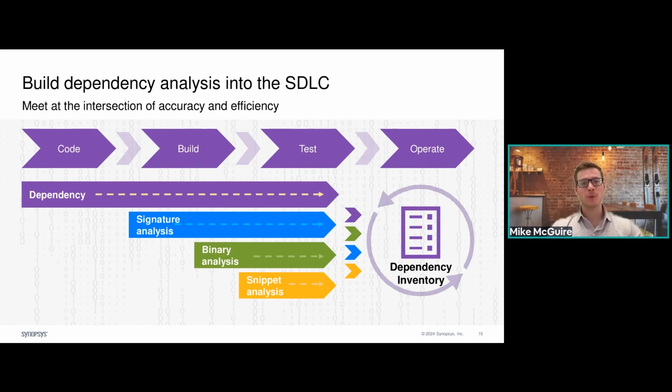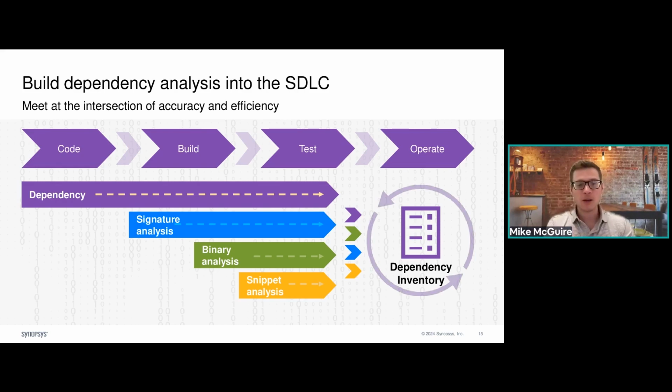So you have to be able to build these different types of analyses directly into your SDLC so that you're not slowing down development, right? Dependency analysis is very lightweight. This can take place anywhere and it can be done very, very quickly. But as you start to look at code signatures to find open source in C and C++, as you start to want to analyze binaries post-build and do a snippet analysis, then you have to start adjusting where in the application lifecycle you're going to have these scans take place, because they do take longer and they require access to different parts, build tools.